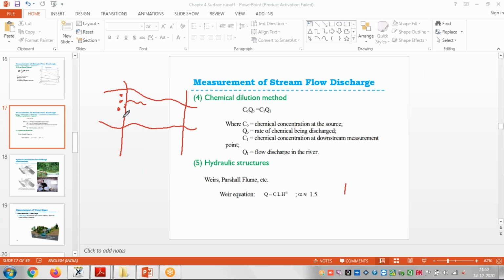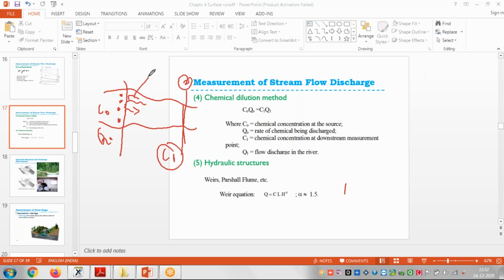At section 1, the person who does this test mixes some chemical, with a concentration of, say, C0, and whatever the discharge is, say Q0. After that, at section 2 they collect a sample and note the concentration there.